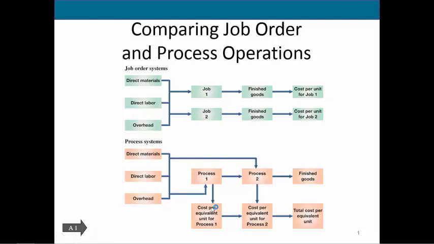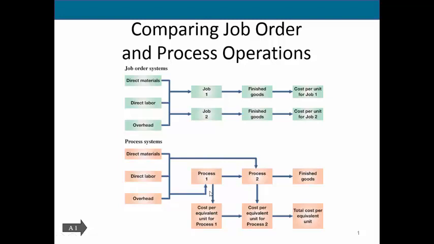So let's think about this. The first process I said was the extraction process. So let's say we have started the process of extracting juice, but we're not completely finished. Let's say that process takes 2 hours. If we are 1 hour into extraction, we would say that for equivalent unit purposes, the units within this process are 50% complete.